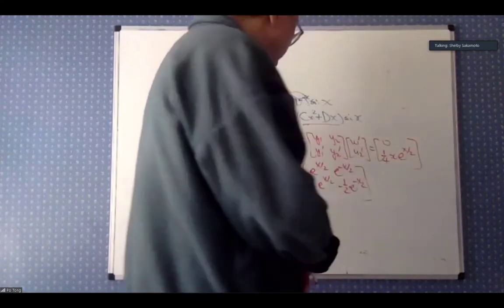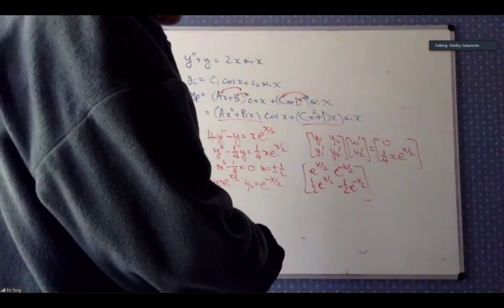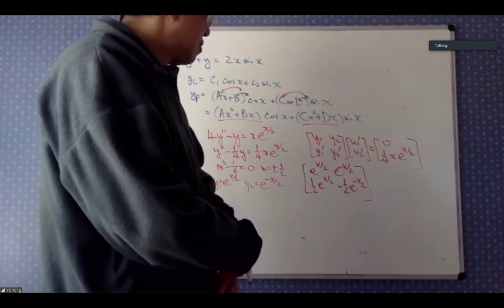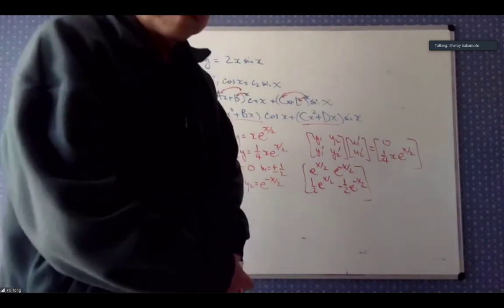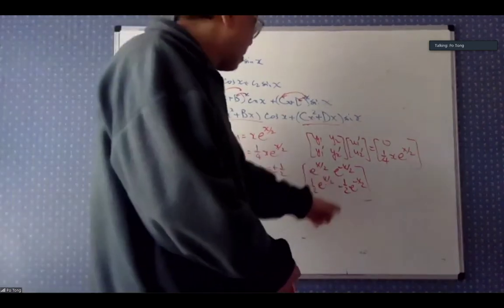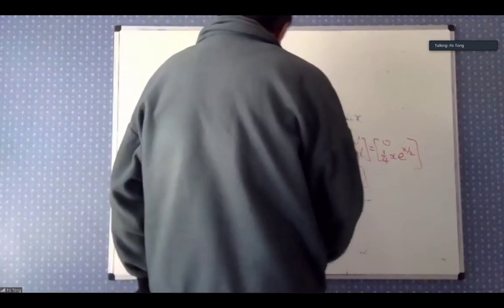No, I checked and I still don't get it. Wait, this is 4.6. For the Wronskian, did you get 1? My Wronskian is minus 1. What is your y1?